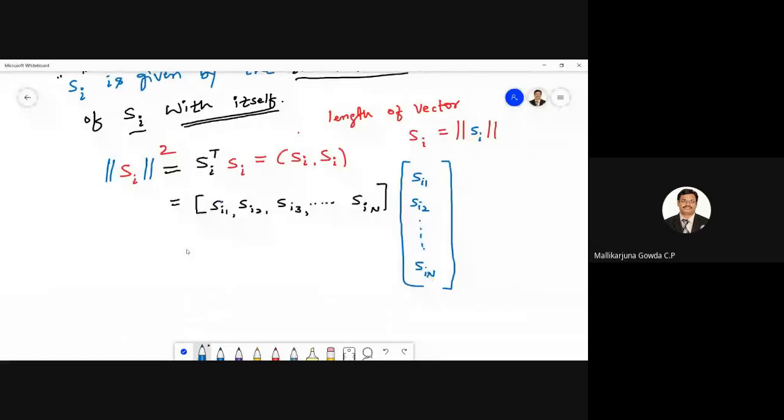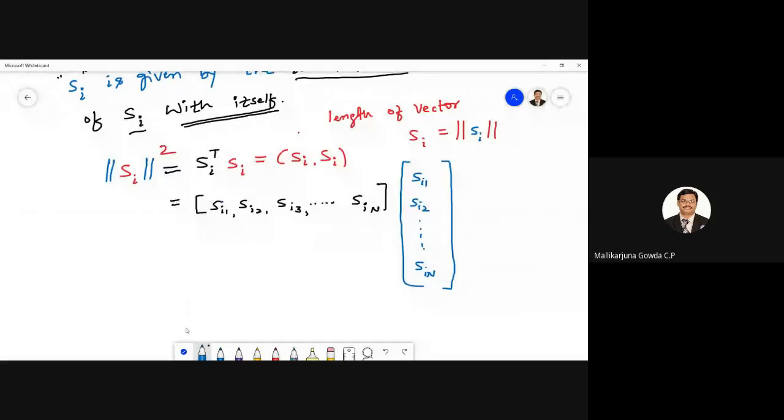The squared length of the signal vector is equal to the inner product or dot product of the signal vector with itself. I am representing that in the form of a row matrix and a column matrix.